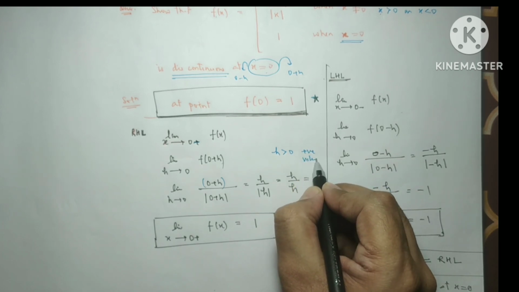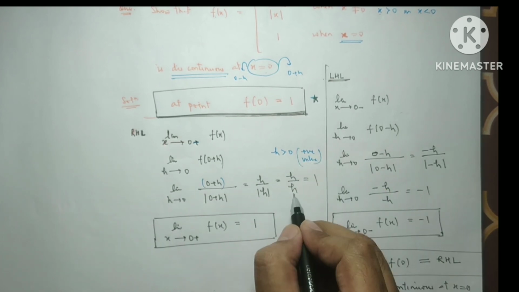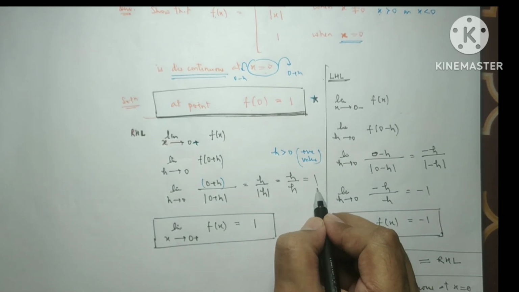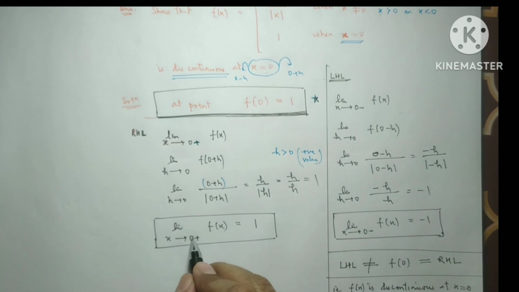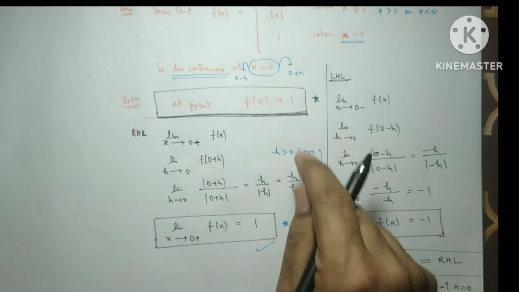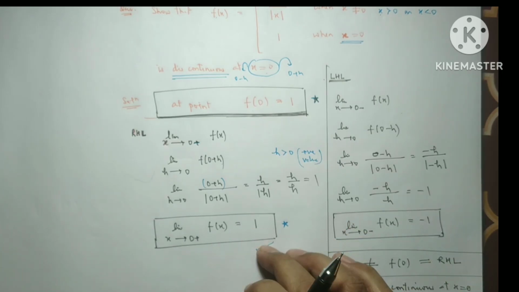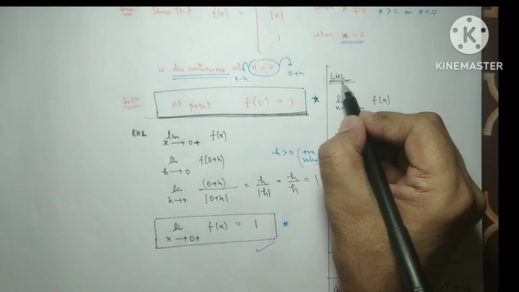The mod of a positive value is always positive, so when you cancel this you get 1. So the right hand limit of this function is 1. So at the point we have 1, and the right hand limit is also 1. Now we go for the left hand limit.